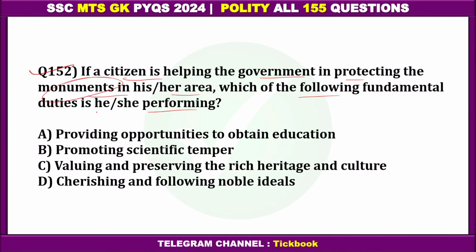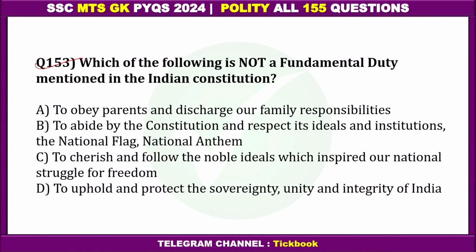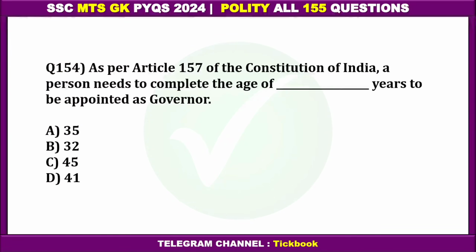Option number C, valuing and preserving the rich heritage and culture. 153. Which of the following is not a fundamental duty mentioned in the Indian Constitution? Option number A, to obey parents and discharge our family responsibilities. 154.